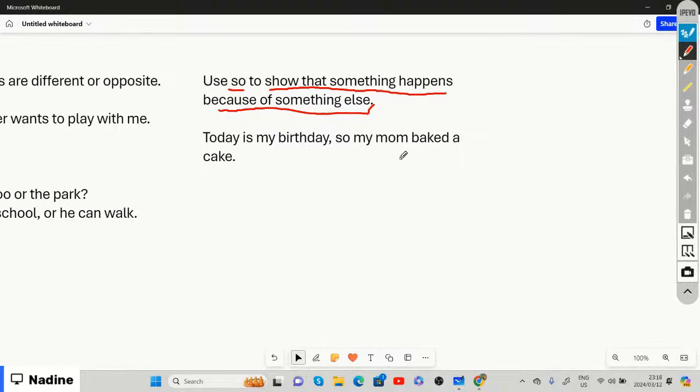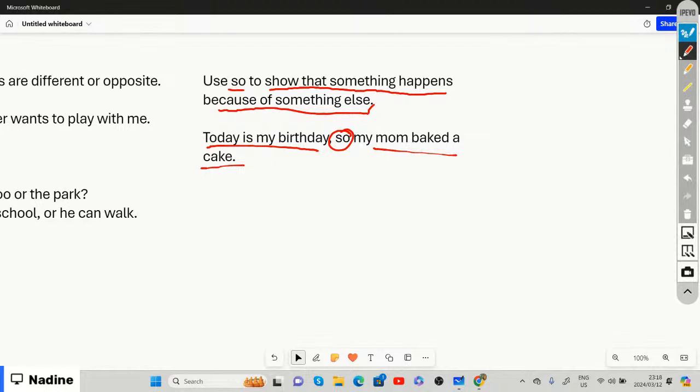For example, today is my birthday. So my mom baked a cake. Today is my birthday. So what happened? My mom baked a cake. Today is my birthday. So what happened?